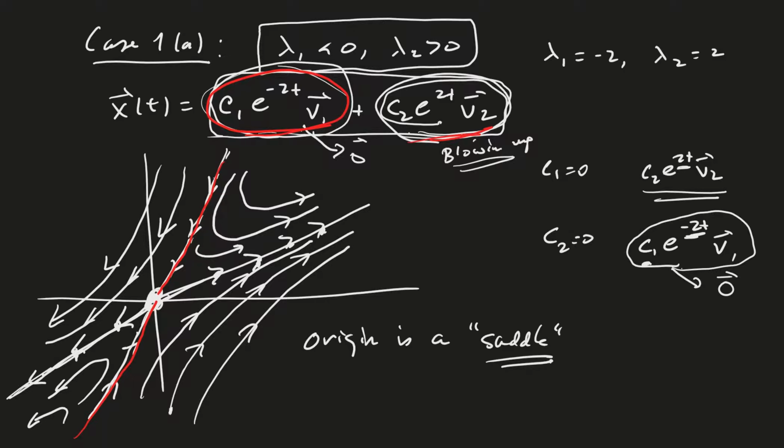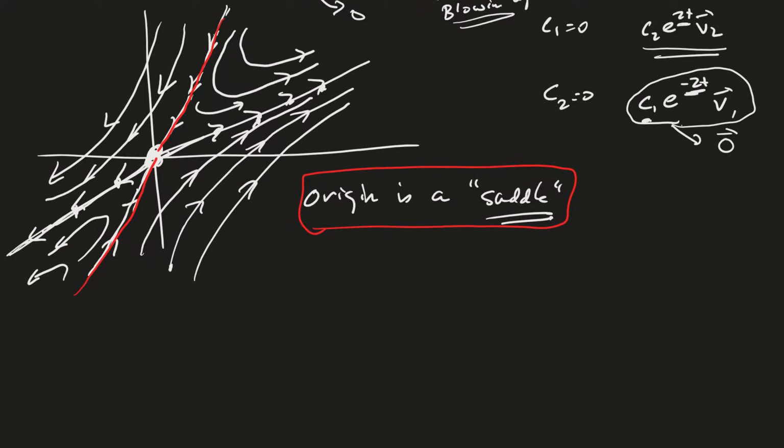Very good. So that is case 1a, and the origin is a saddle when lambda 1 and lambda 2 are different in sign. Good. Now the next case is similar. I'm going to have two distinct real eigenvalues, case 1b, but in this case I'm going to suppose that they're both negative.